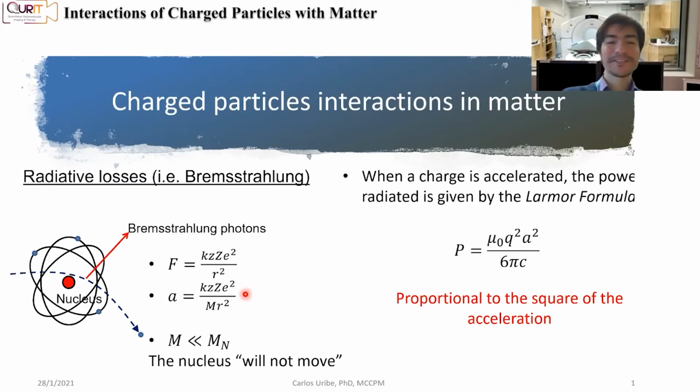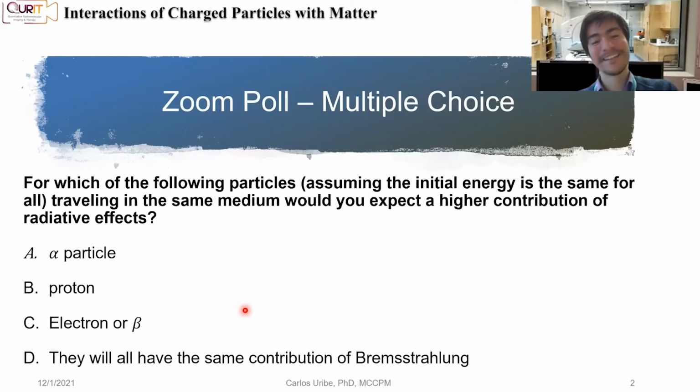So this acceleration is going to be much higher for a beta particle than for an alpha particle. If you have this acceleration that is orders of magnitude higher, then the contribution of this radiation is going to be much bigger for the particle that has the least mass. So again, it's because of that. The correct answer for this is actually the electron or the beta particle. It's because the mass has a big influence.